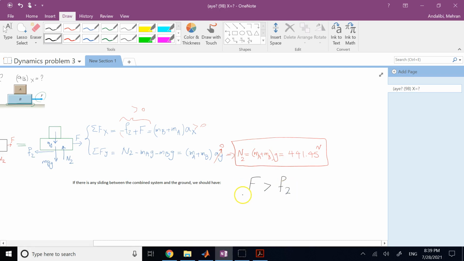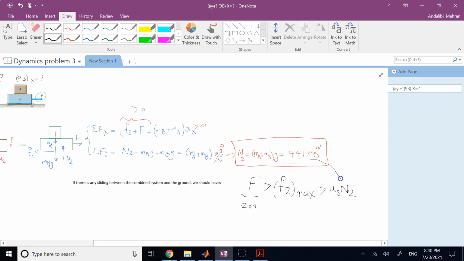Good. F is 200. What about F2? We don't know whether there is any sliding or not, but we know the max friction that any surface can generate, the Coulombic friction, in general, the max should be mu s times N. So when we say F is bigger than F2, it means bigger than any possible friction that the surface can generate, F2 max. And F2 max is mu s times N, and here N is N2.